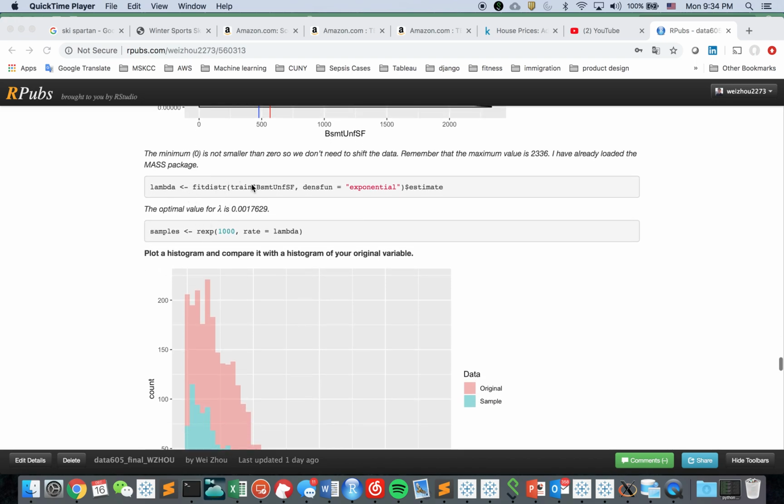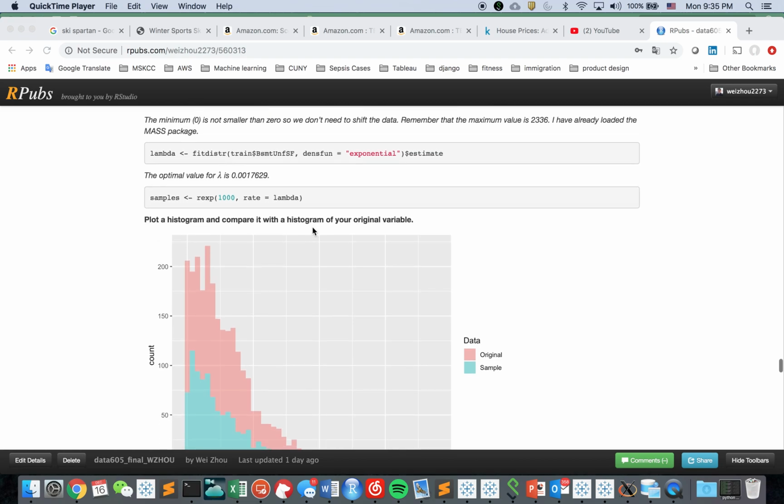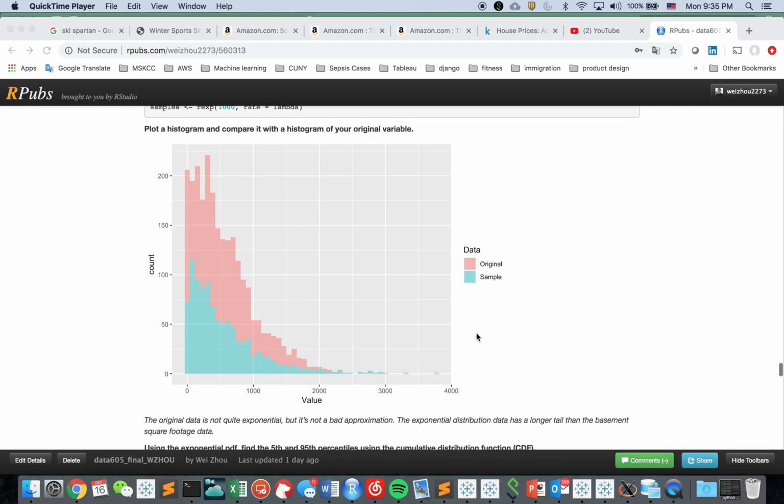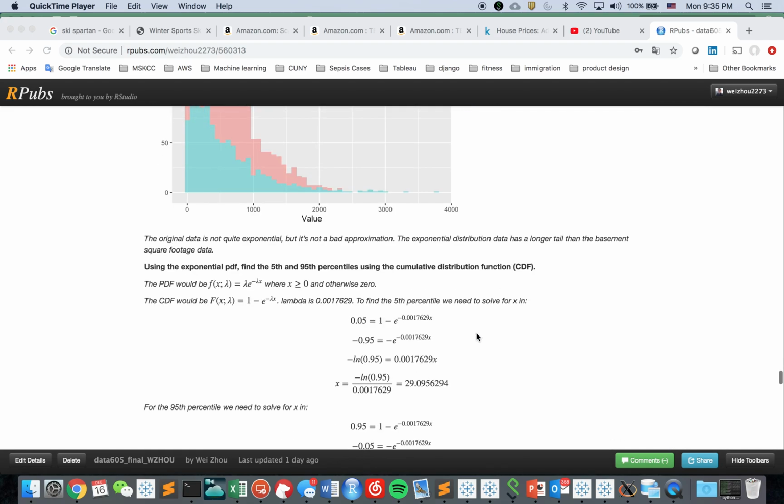Using fitdistr, we can get the optimal value of lambda is 0.0017629, and we create the sample by using n equals 1000. Now, using the exponential PDF, we need to find the 5th and the 95th percentiles using the CDF.